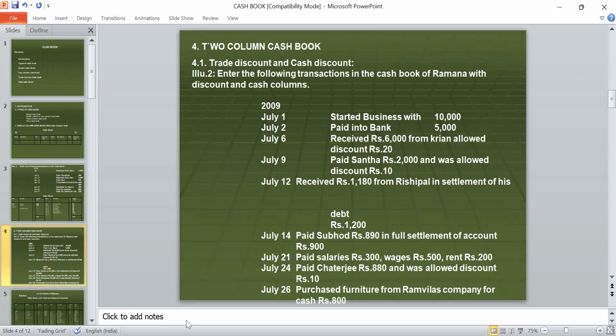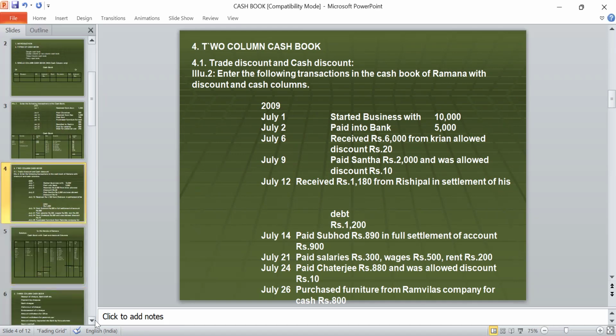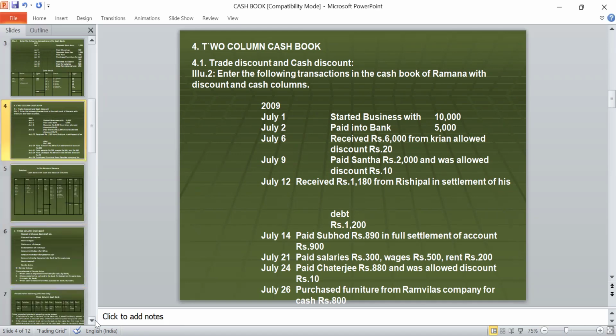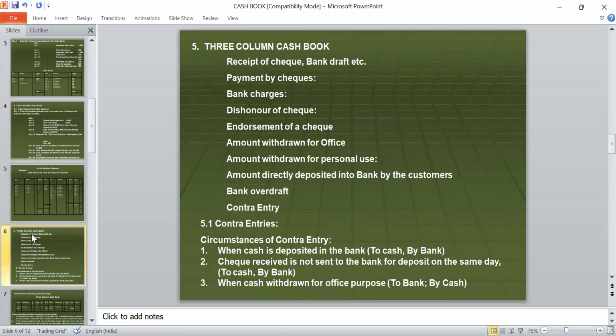That's it. And the another book, that is the third book, the most important book out of the 4 types of cash book, that is triple column cash book. First of all, what do you mean by triple column cash book and how to prepare it?